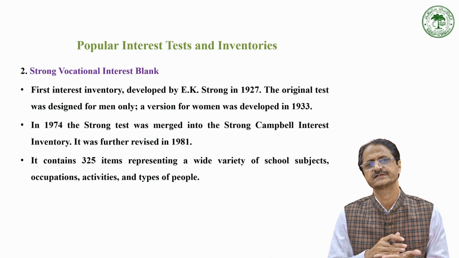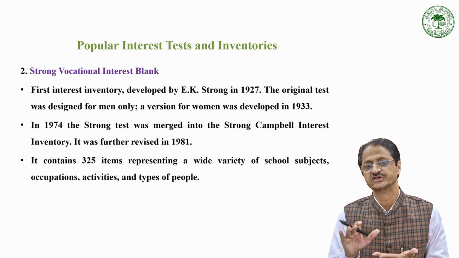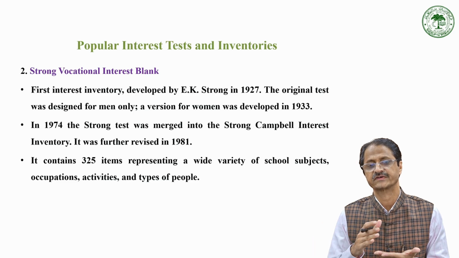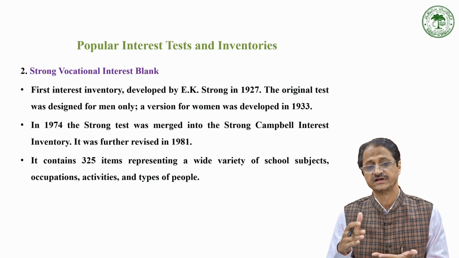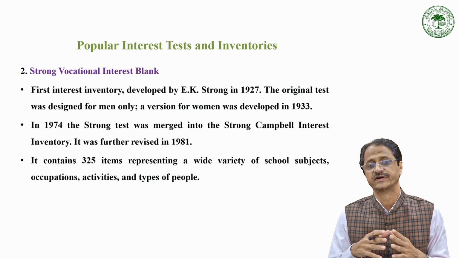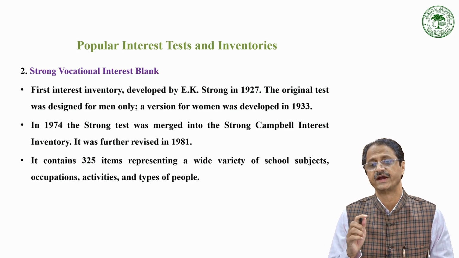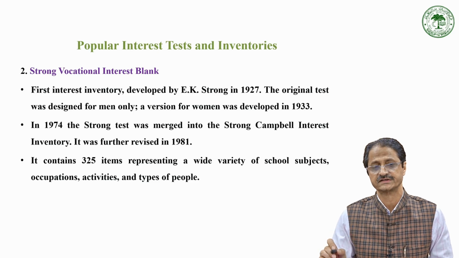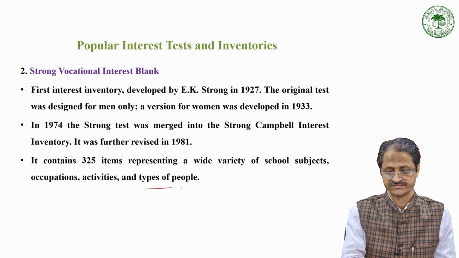In 1974, the Strong test was merged into the Strong-Campbell Interest Inventory. It was further revised in 1981. It contains 325 items representing a wide variety of school subjects, occupations, activities, and types of people.